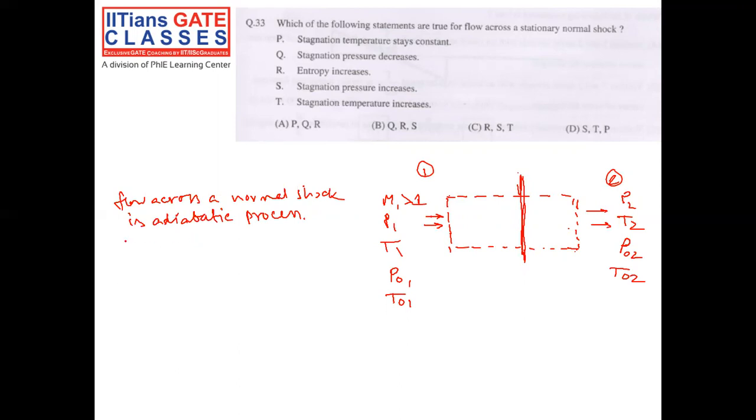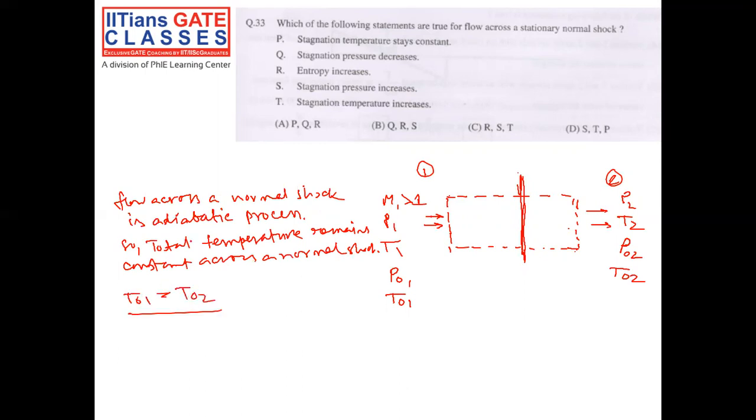So total temperature remains constant across the normal shock. So T01 will be equal to T02. So this option is not correct.